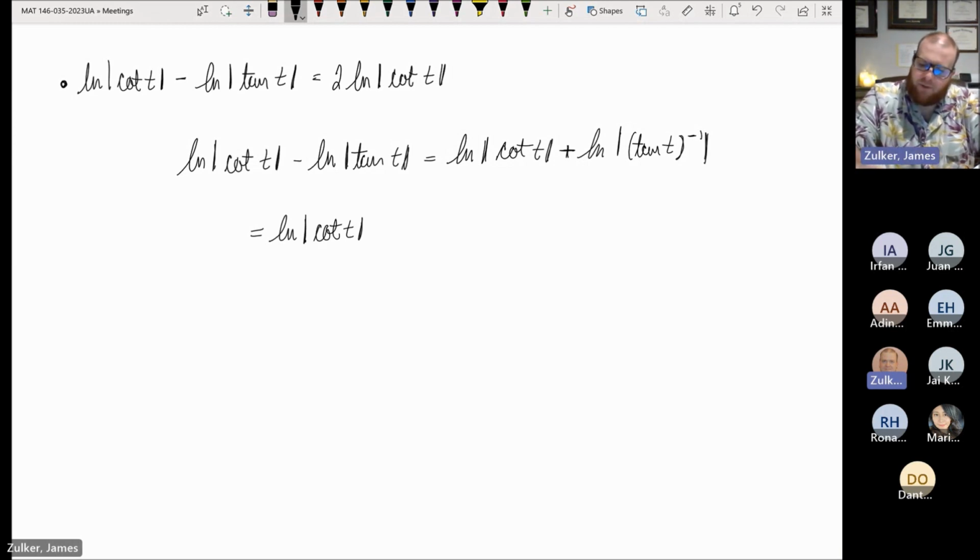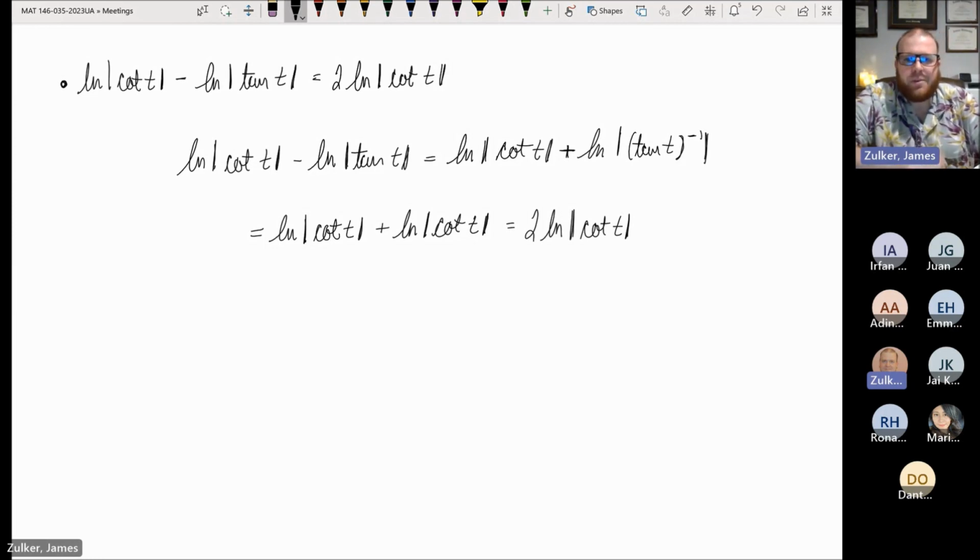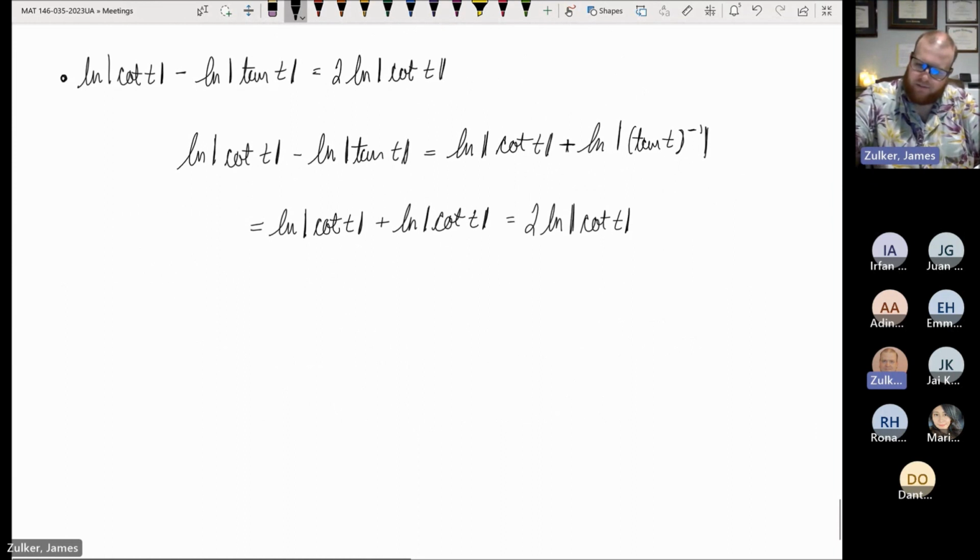But isn't the reciprocal of tangent the cotangent? And so we get 2 log of cotangent as desired.